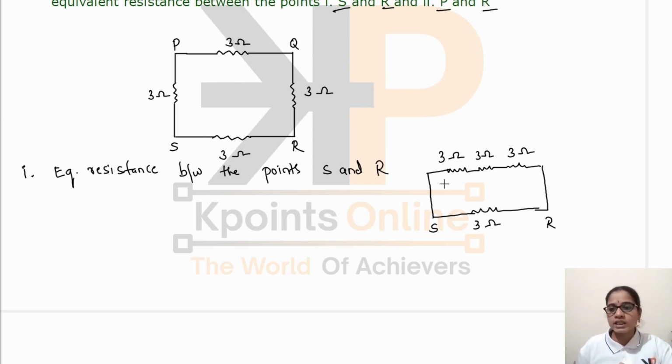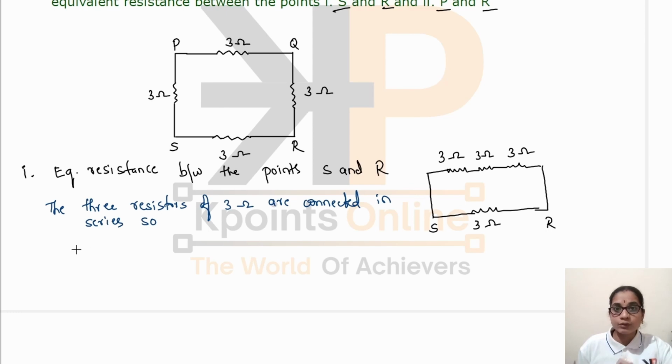First, let us calculate the equivalent resistance of these 3 resistors. The 3 resistors of 3 ohm are connected in series. So, the equivalent resistance of these 3 resistors will be equal to 3 ohm plus 3 ohm plus 3 ohm. It will be equal to 9 ohm.